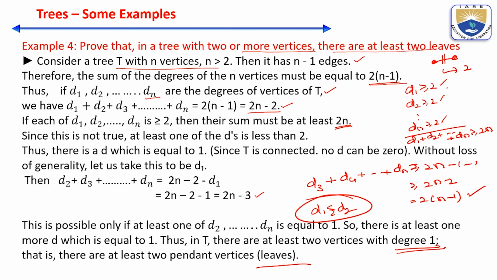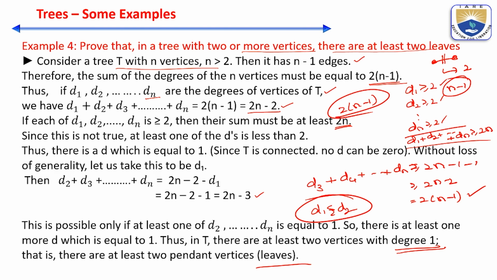So there are n-1 edges, which means it produces 2 into n-1. The sum of the degrees of all vertices is 2 into n-1. If all the vertices have degree greater than or equal to 2, whatever it is, then we get a sum greater than or equal to 2n.